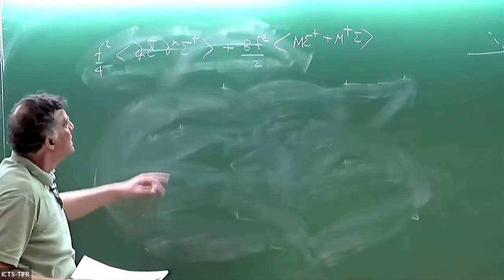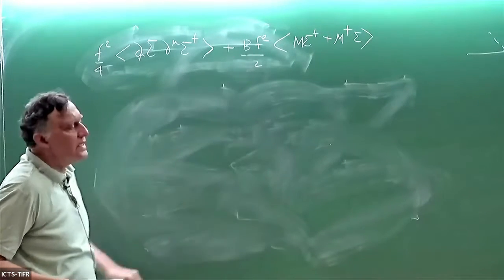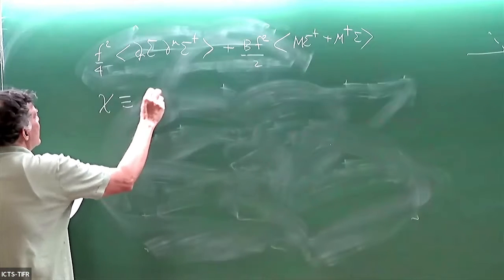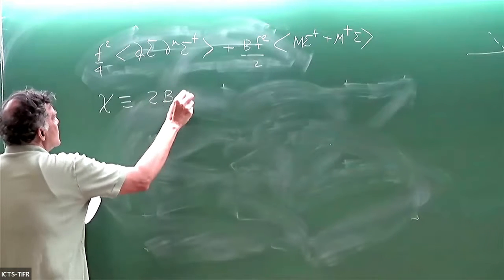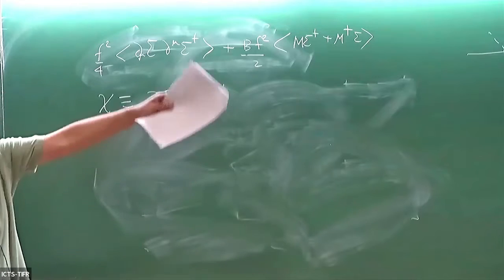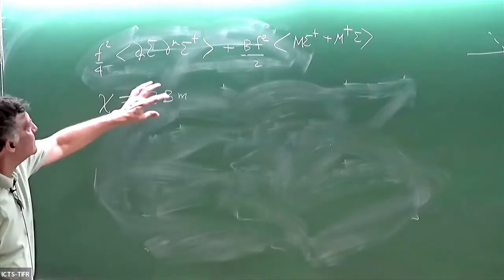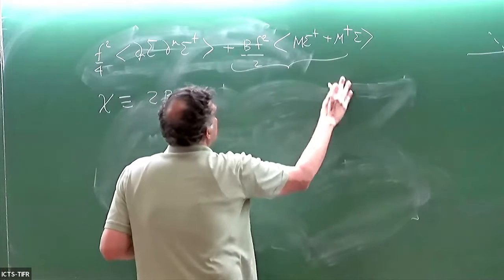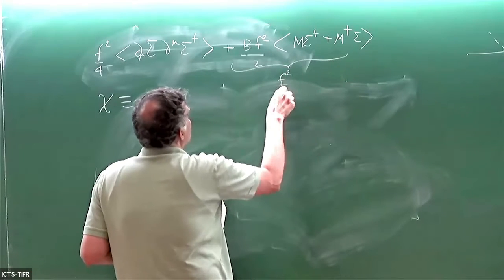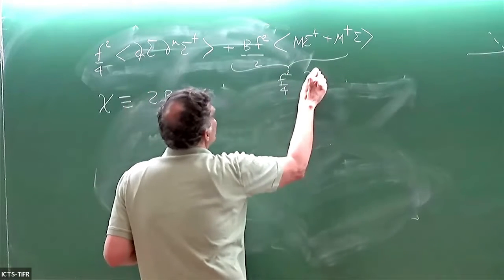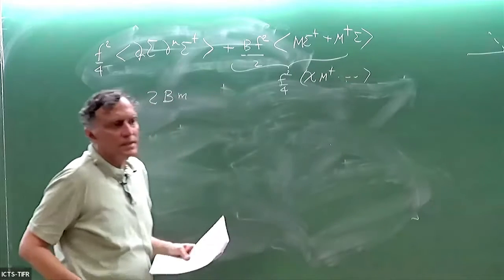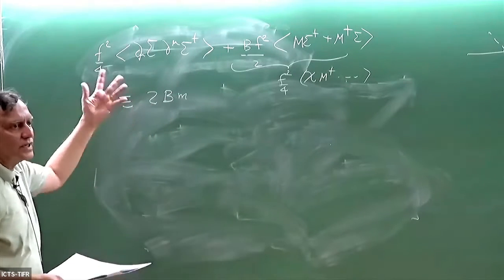So because of this relative 2 in the b, what people do is define chi by definition as 2b times that quark mass matrix. You rescale it by 2b so that this term becomes f squared over 4, just like the kinetic energy term, and now you have chi M dagger, etc. Okay? It's just a historical convention.